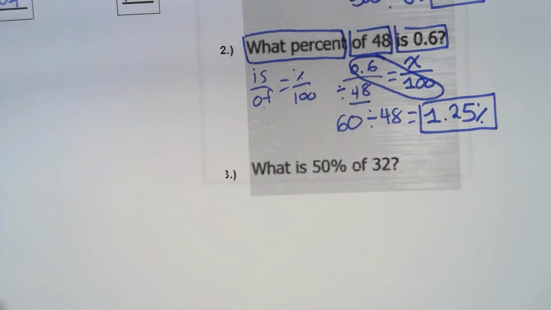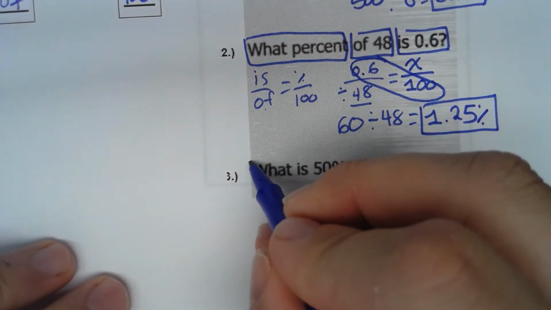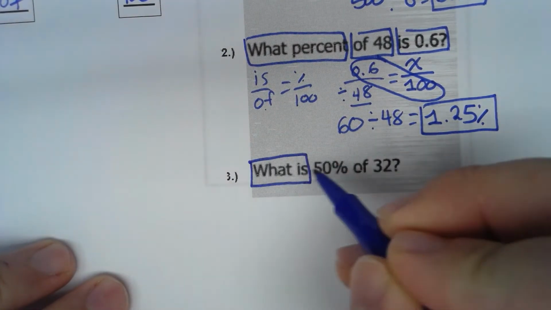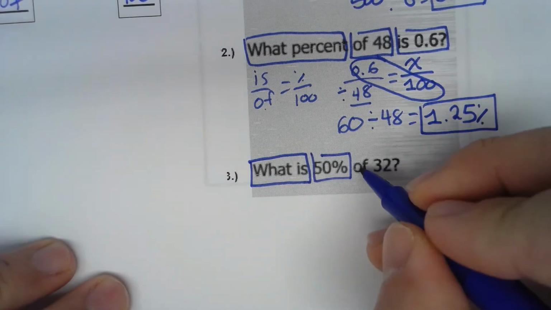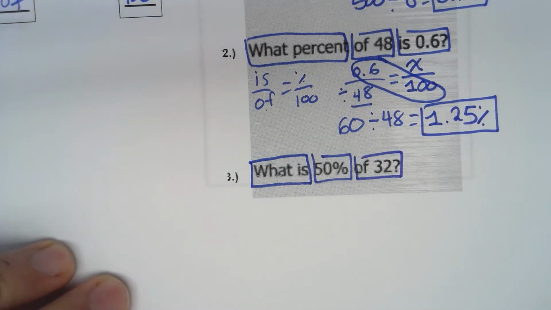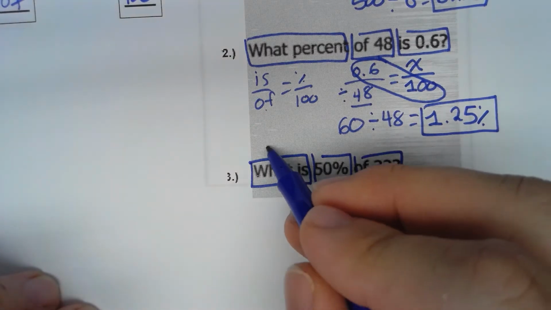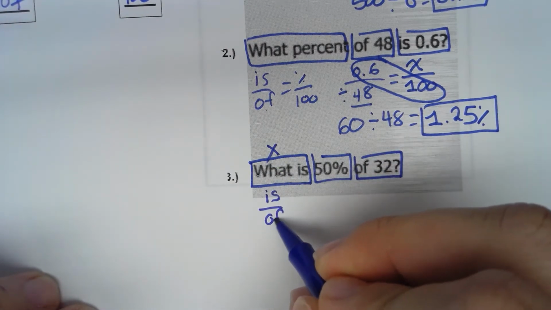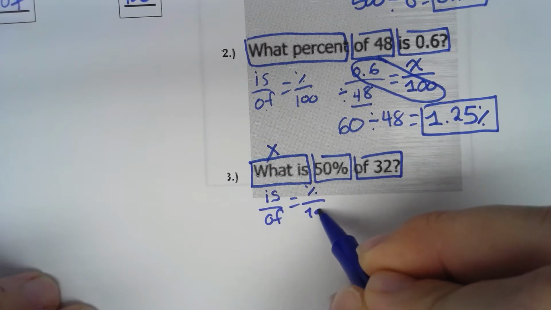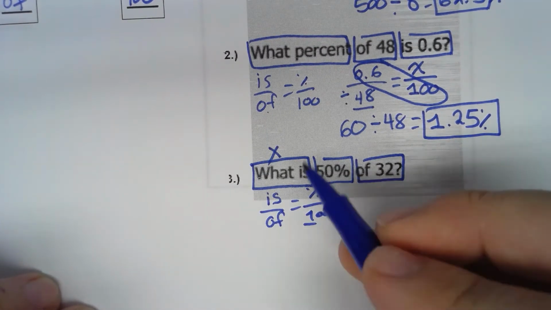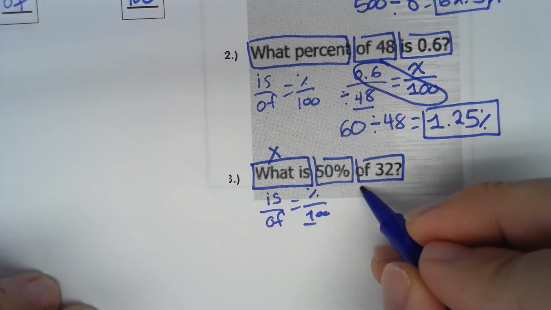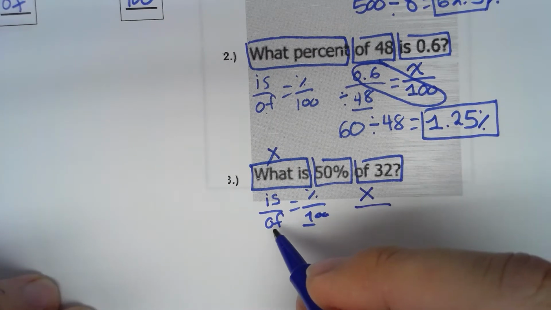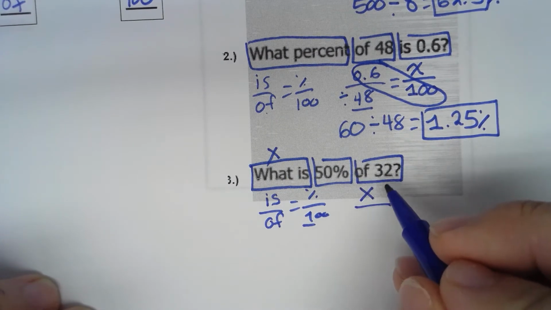Okay, this one's going to be a little bit different. What is 50% of 32? So now I don't know is. So if I write is over of equals percent over 100, now I don't know what is. So I'm going to write x over of is of 32.